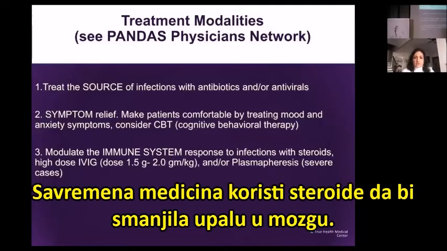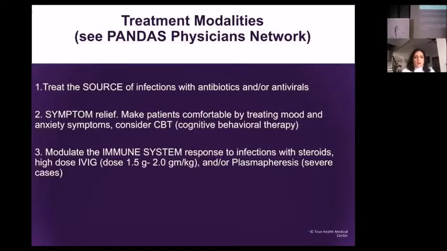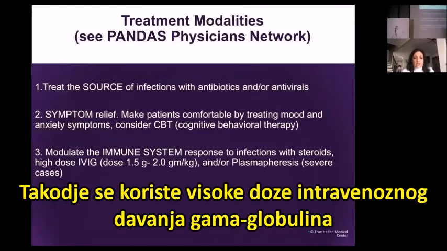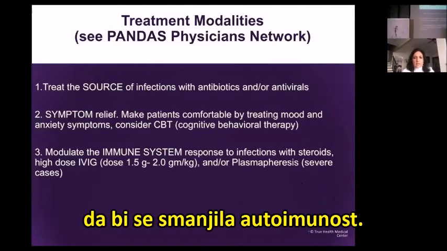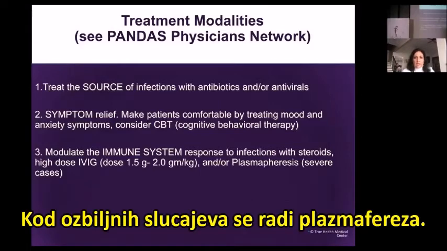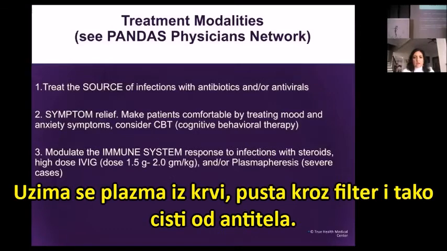So in the traditional sense, they would try a trial of steroids to decrease the brain inflammation. We might need to consider high-dose intravenous gamma globulin to bring down the autoimmunity. And in severe cases, plasmapheresis, basically taking the plasma, the blood, running it through a filter and clearing these antibodies, can be used.